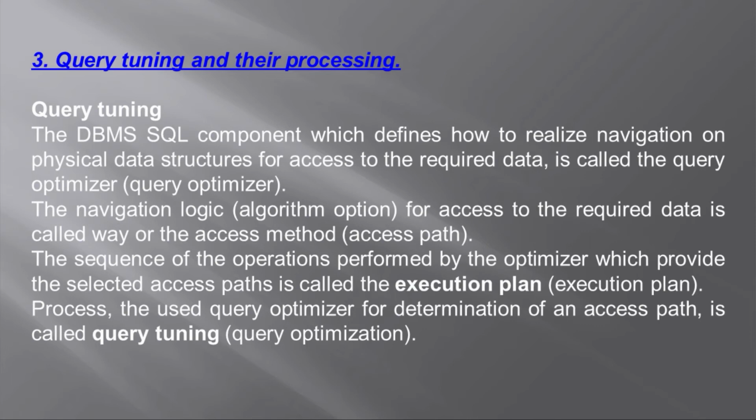The navigation logic, its algorithm option for access to the required data, is called the access path or access method. The sequence of operations performed by the optimizer which provides the selected access path is called the execution plan, and the process used by the query optimizer for determination of an access path is called query tuning.